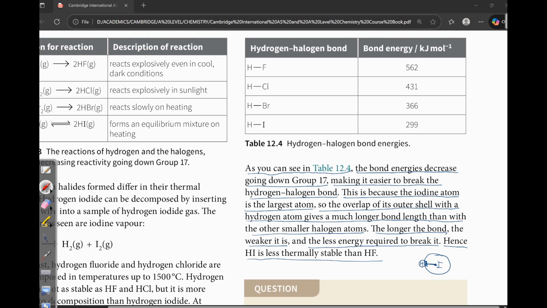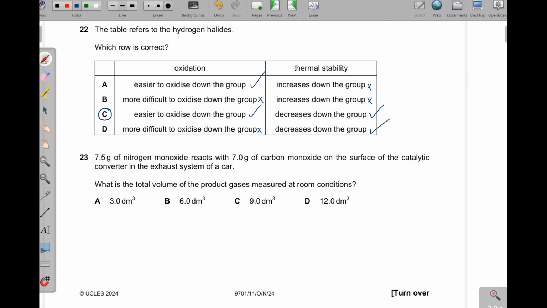So because the distance is too long, that means we are going to have weaker attraction between the nucleus and these covalently bonded electrons, or these electrons in the covalent bond. So you're going to have a weaker bond. Longer bond, weaker bond. You see that? So that is why thermostability of these halides decreases down the group, okay?